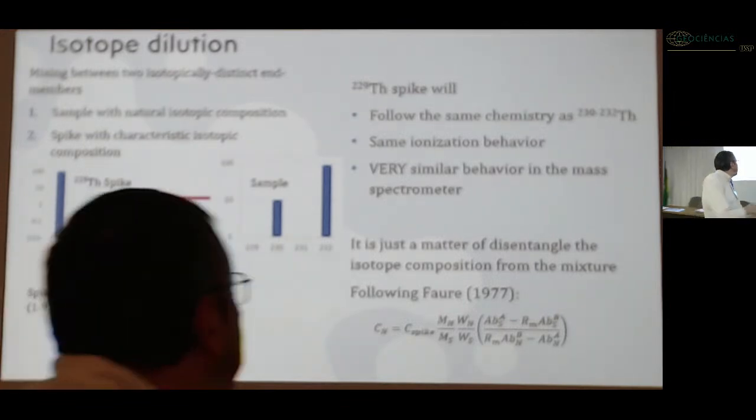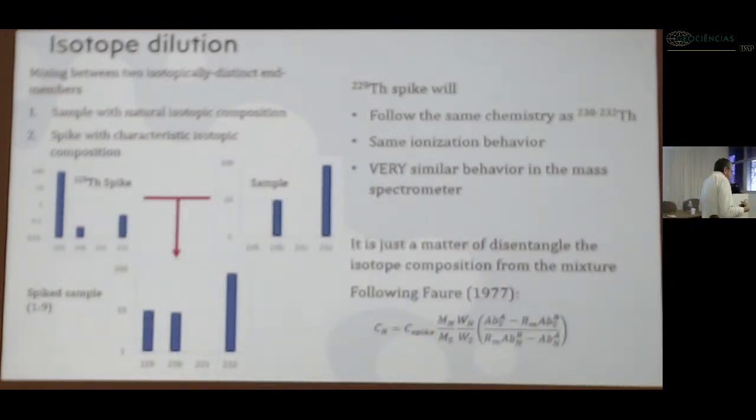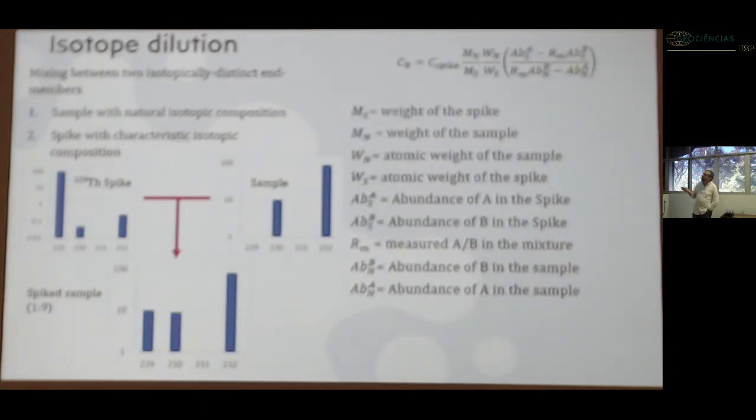So it's just a matter of disentangling this composition, and for that we are using a mixing equation of isotopes with different isotope compositions. Fowle, in the basic geochemistry book from 1997, put it very nicely. This is the equation, which is a function of the amount of sample, the weight of the spike, the weight of the sample, the atomic weight of the sample, and the atomic weight of the spike.